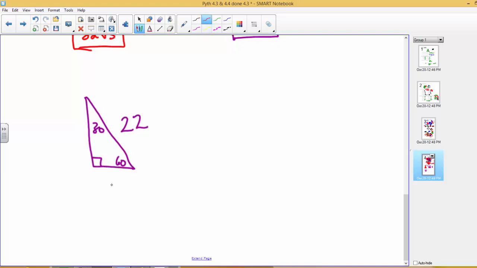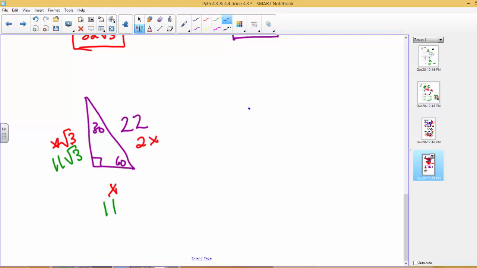So again, the rule is that the side across from the 30 is x, the side across from the 90 is twice x, and the side across from the 60 is x times the square root of 3. So that would mean that this is 11, and this is 11 root 3.